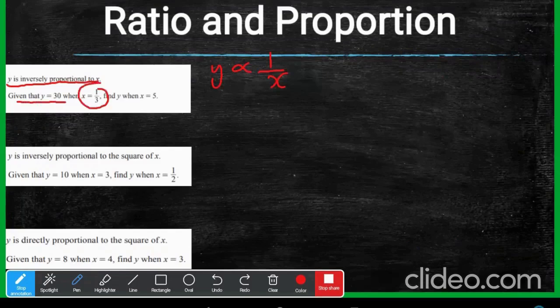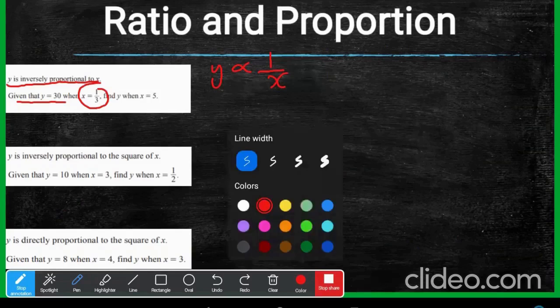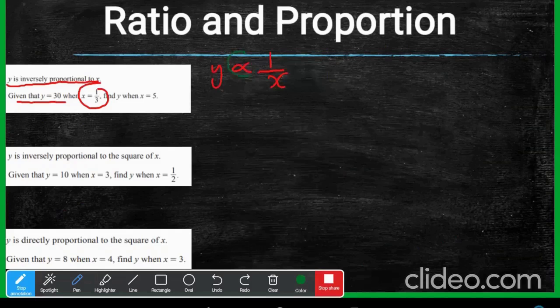First, we need to remove the proportion sign. When we remove this sign, it will become y is equal to k 1 upon x.